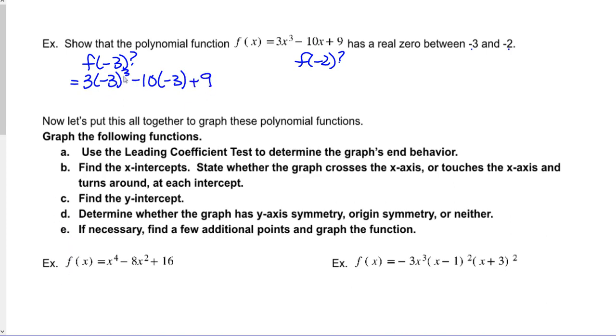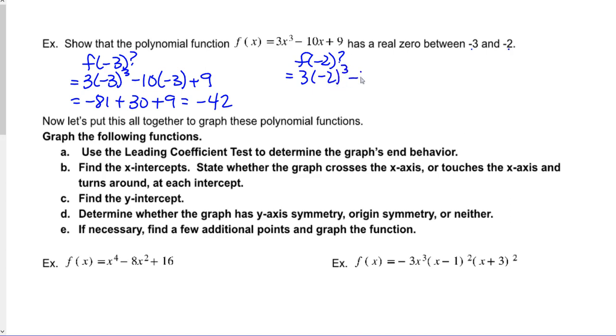Negative 3 cubed is a negative 27 times 3 is a negative 81. This becomes a plus 30 plus 9. So if I look at negative 81 plus 30 plus 9, to me, it's going to be a negative number, and that's actually a negative 42. And if I determine what is f of negative 2, I'm going to put negative 2 wherever I see the x.